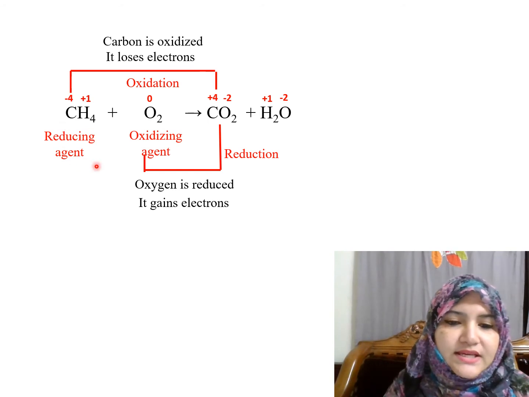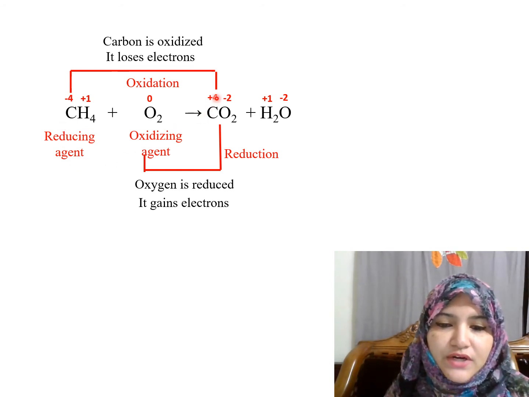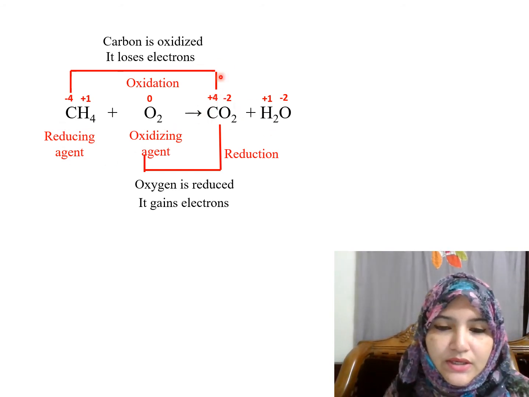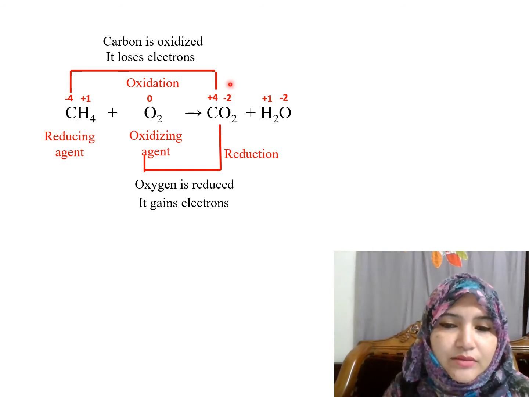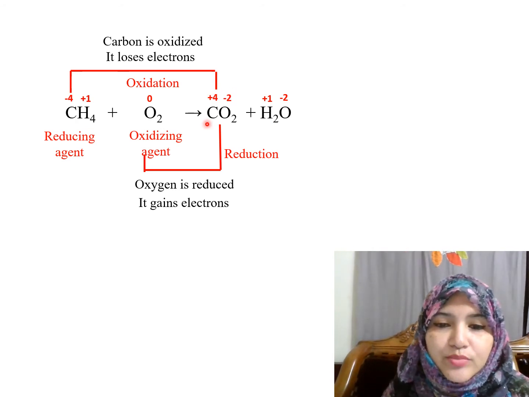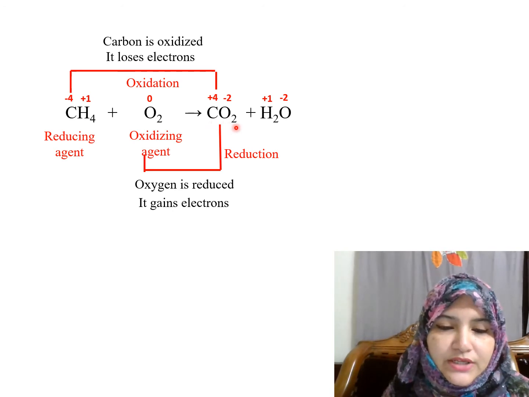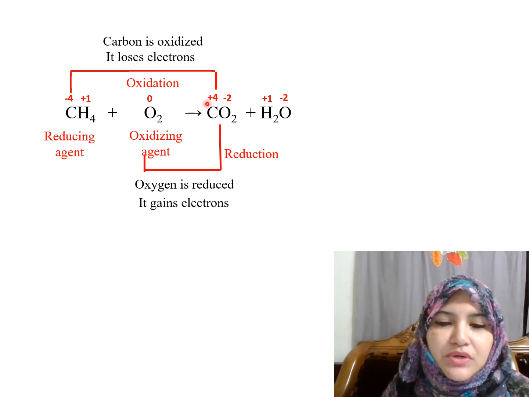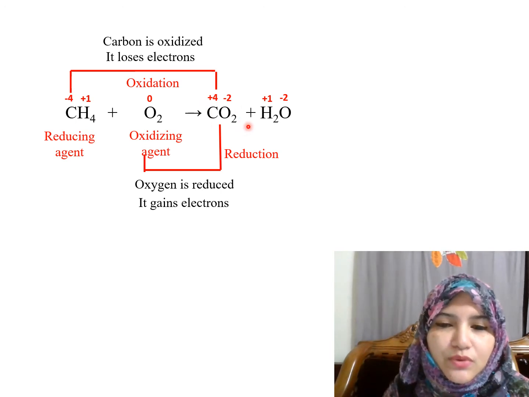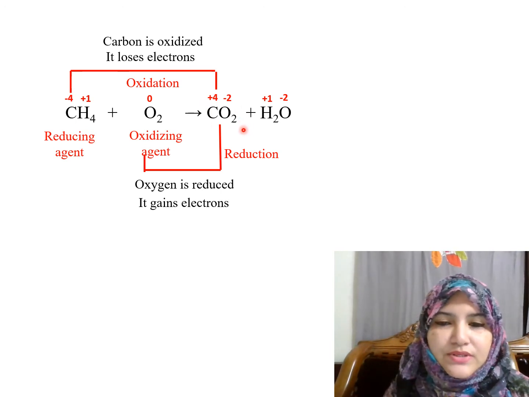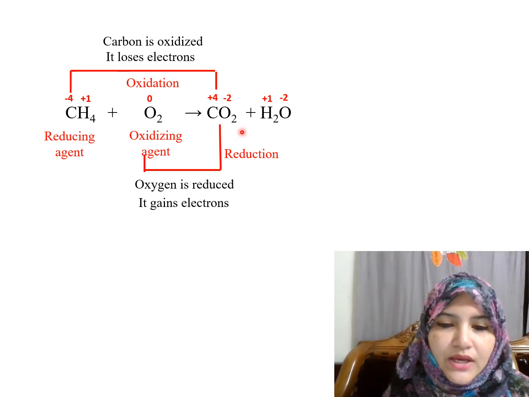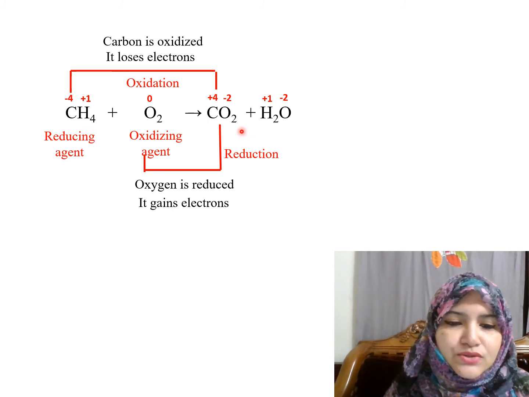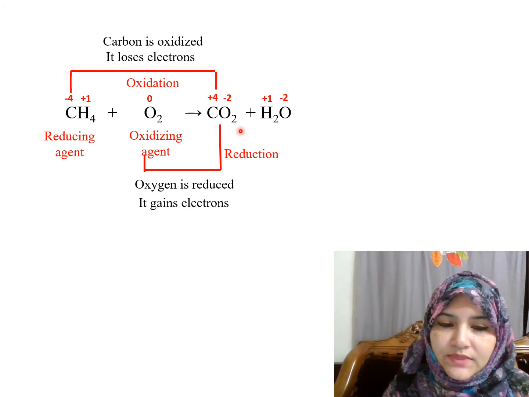And now let's calculate the oxidation state of carbon in carbon dioxide. Here in carbon dioxide, we have 1 carbon and 2 oxygen atoms, which equals a charge of 0, because carbon dioxide is a neutral compound and each oxygen atom has a charge of -2.